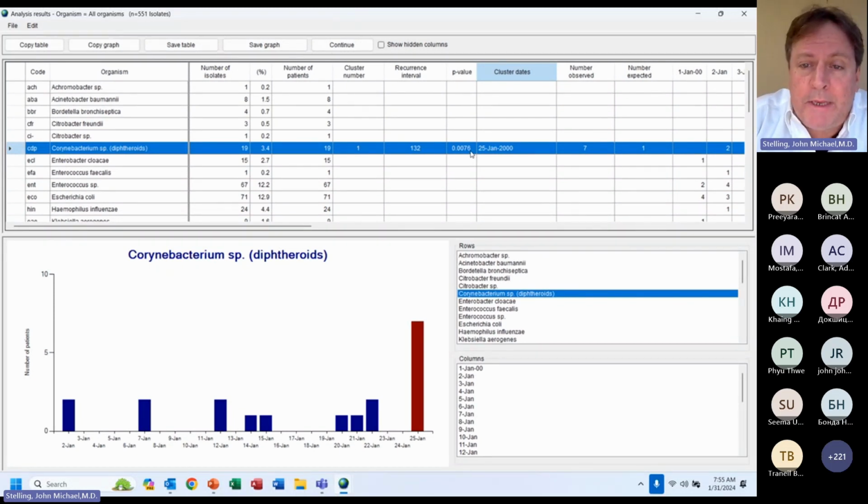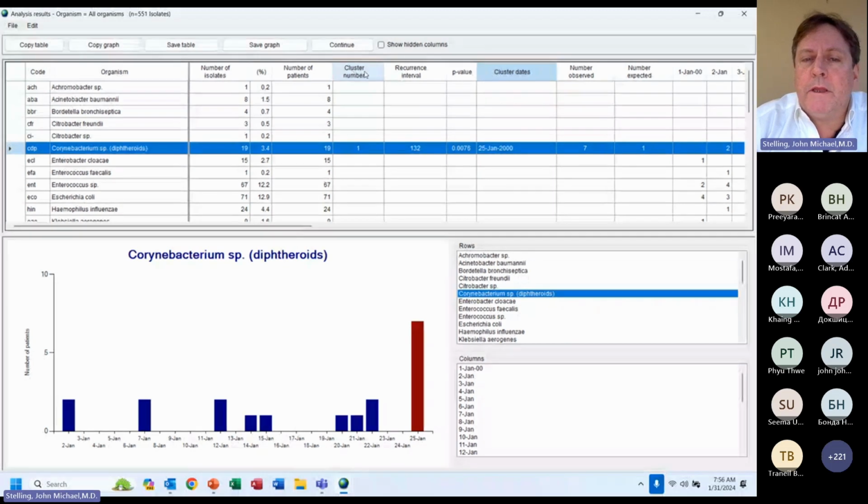It is an arbitrary limit, but the smaller the number, the more unusual this is, and it is probably not random variation. Something is going on. Something might be an outbreak, it might be a contamination issue, it might be a quality issue, but something is going on. And you can see there were 7 people, but on the basis of averages, I would only expect 1 person. So we have 7 people we observed when the expectation was only 1, and that's very statistically significant.